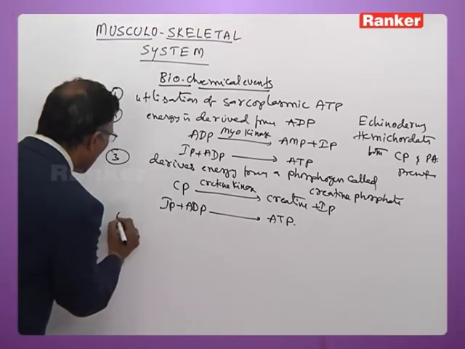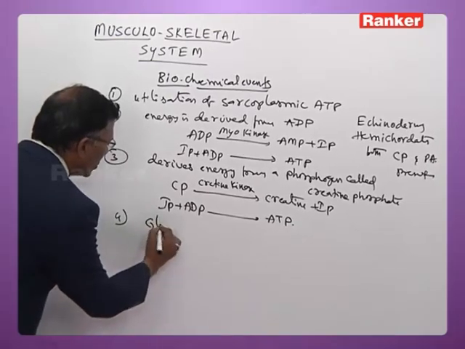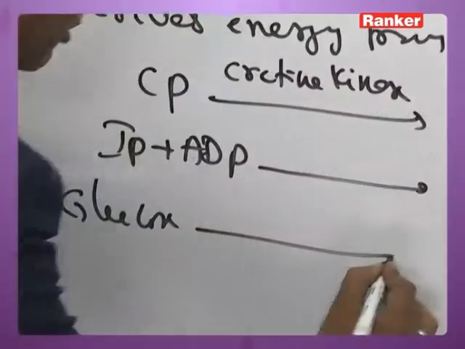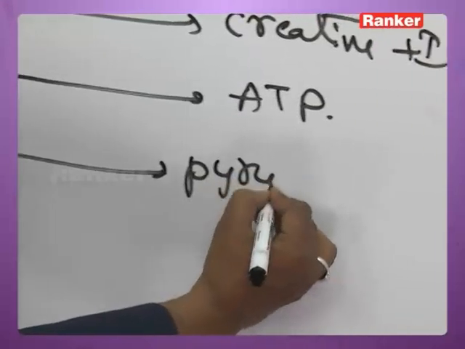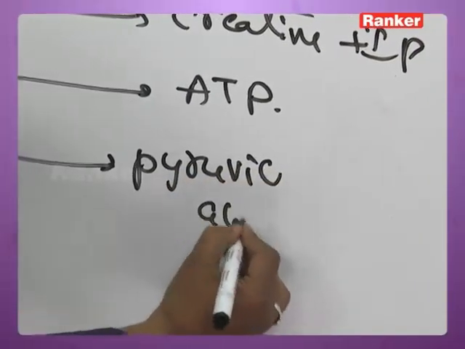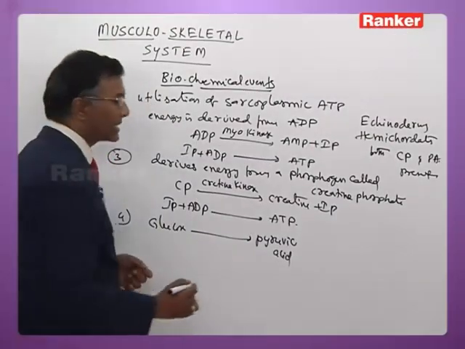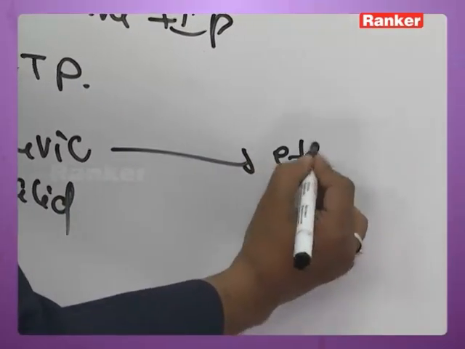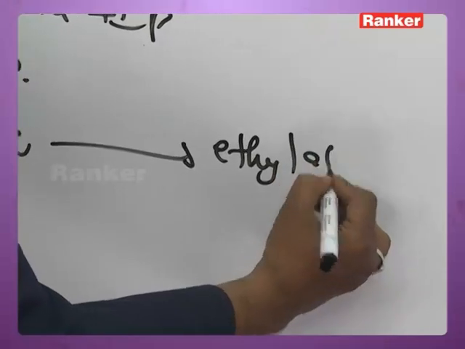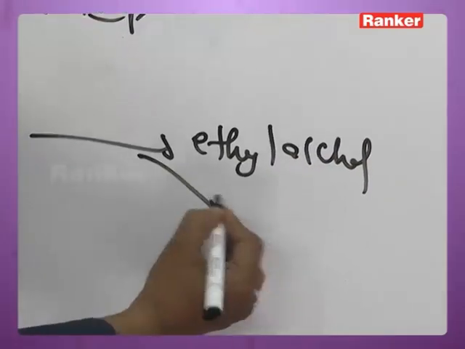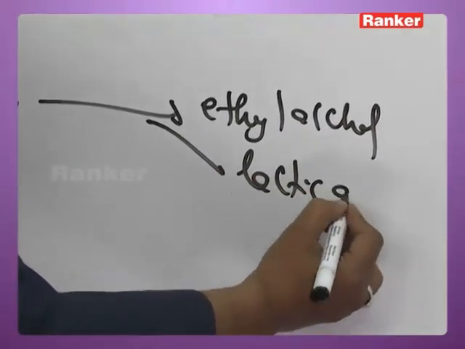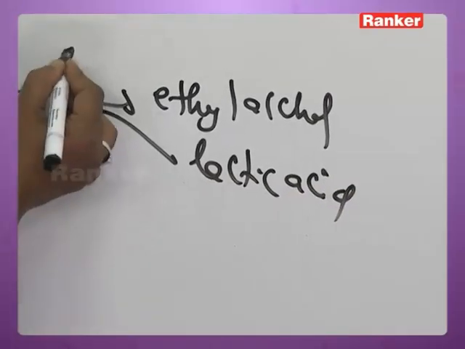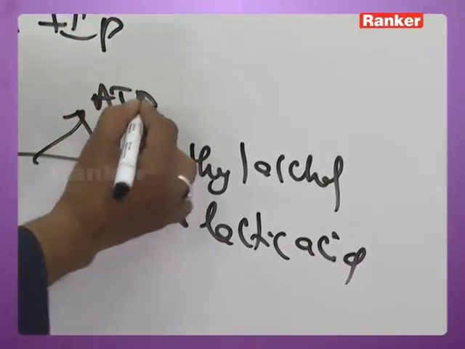During anaerobic glycolysis, glucose or glycogen is broken down to form pyruvic acid. This pyruvic acid is broken down to form either ethyl alcohol or lactic acid, by releasing a certain amount of ATP.